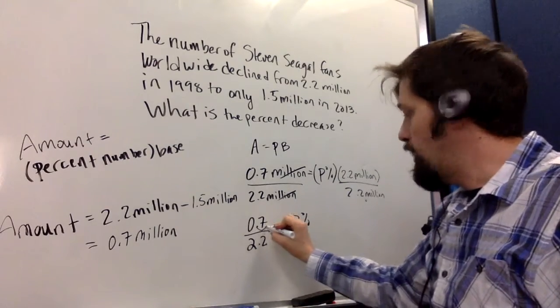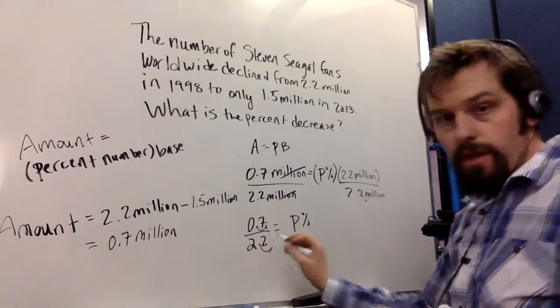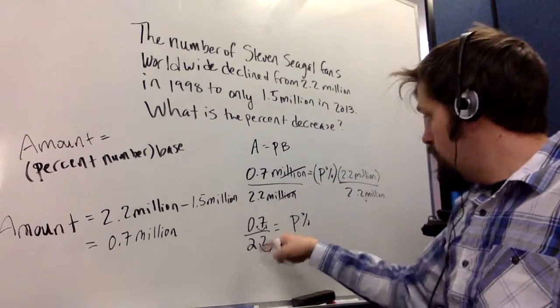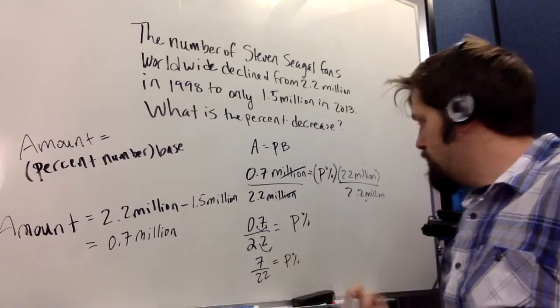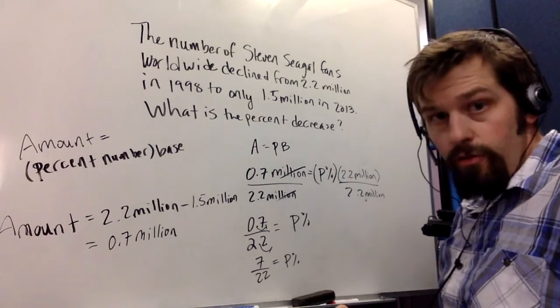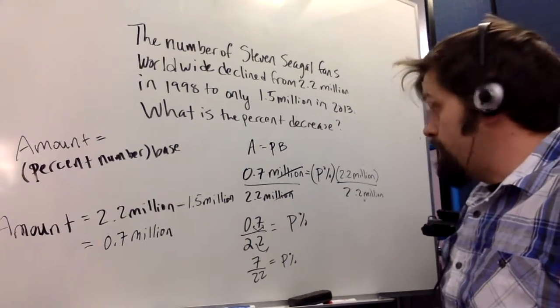Now, if I multiply that by 10 and that by 10, that doesn't change this number. So I have 7 divided by 22 equals P percent. So now all I have to do is some long division.